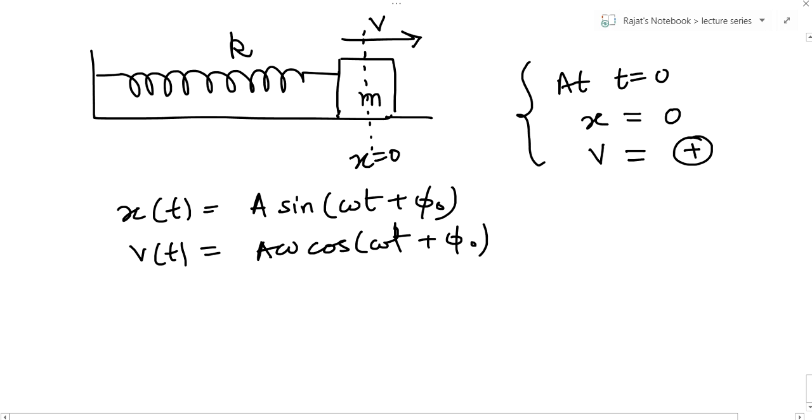It is given that at t is equal to 0, x is 0. So let's first come to the position. At t is equal to 0, position is 0.